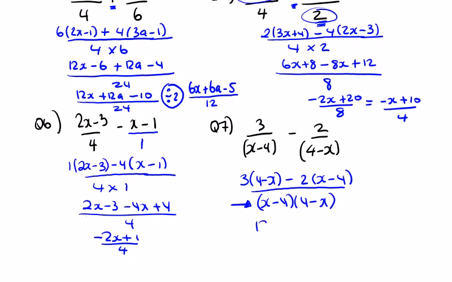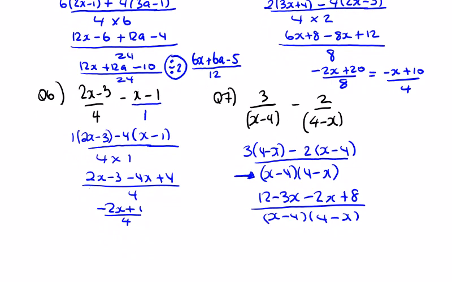On top, we're going to get 12 minus 3x minus 2x plus 8 over x minus 4 by 4 minus x, which will give me, let's do the x's first, minus 3x minus 2x is minus 5x, 12 plus 8 is plus 20, and on the bottom, x minus 4 by 4 minus x.